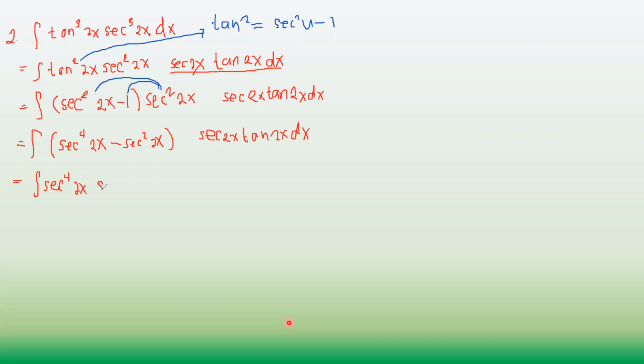Tatabi natin yung nakabukod. Secant 2x saka tangent 2x dx. Then, minus the integral. Yung pangalawa, secant squared 2x. Ito yung ating binukod ulit. Secant 2x tangent 2x dx.